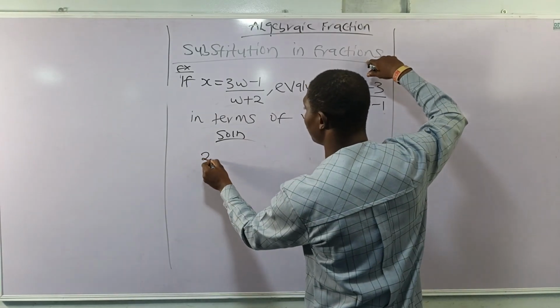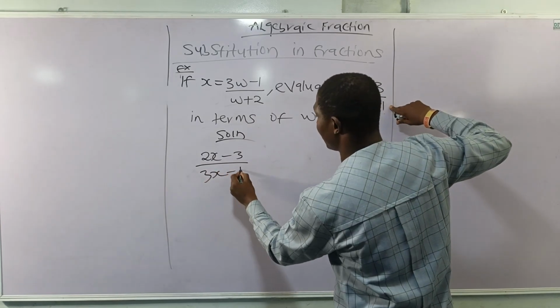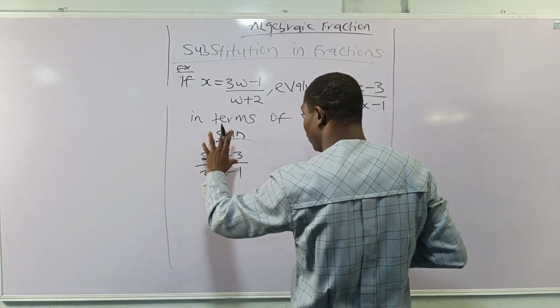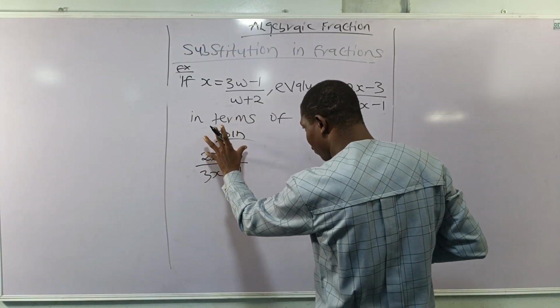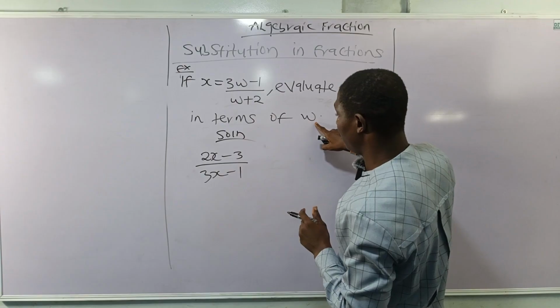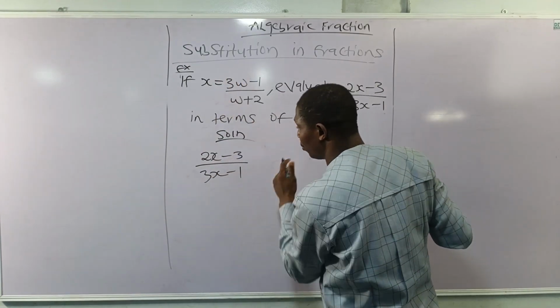We have 2x minus 3 all over 3x minus 1. So we have to put our value of x here, so that when we solve this, we're going to have our value of w. So our value of x is (3w minus 1) all over (w plus 2).